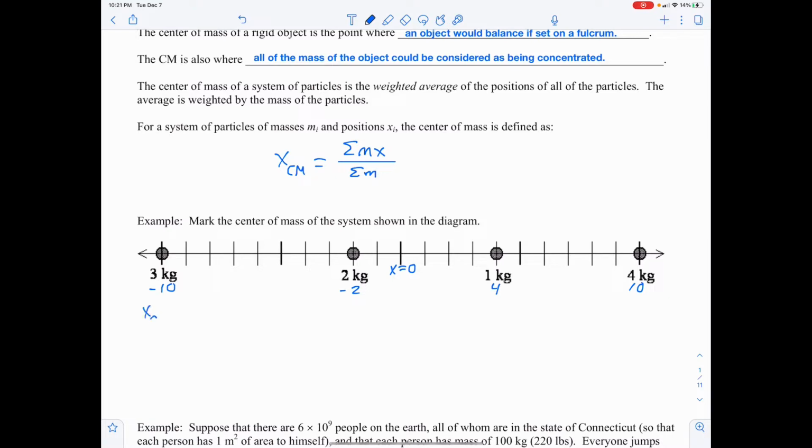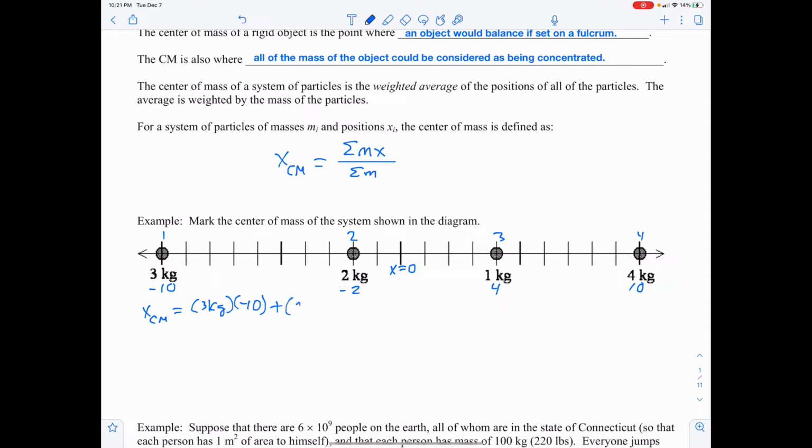So x CM, there are 4 masses involved here. We're going to add up 4 masses and their positions and divide it by the sum of the 4 masses. I'm going to call this mass 1, mass 2, mass 3, and mass 4. So we're going to go 3 kilograms times -10. I'm literally noting its actual position.